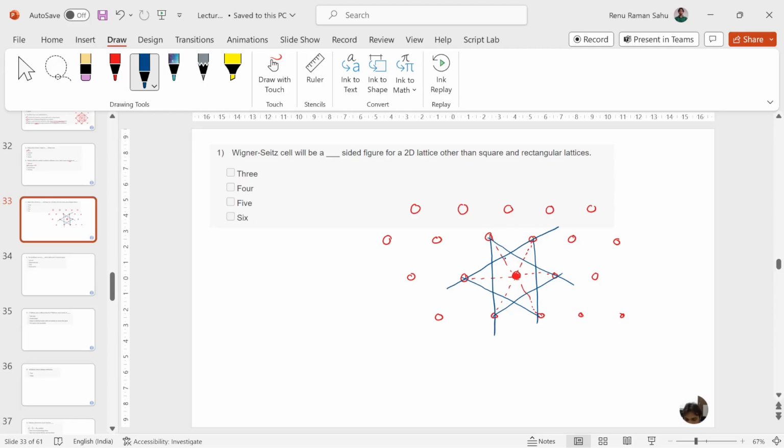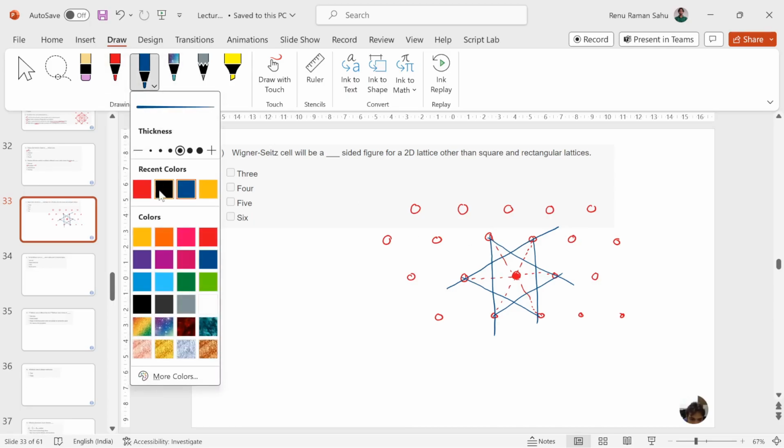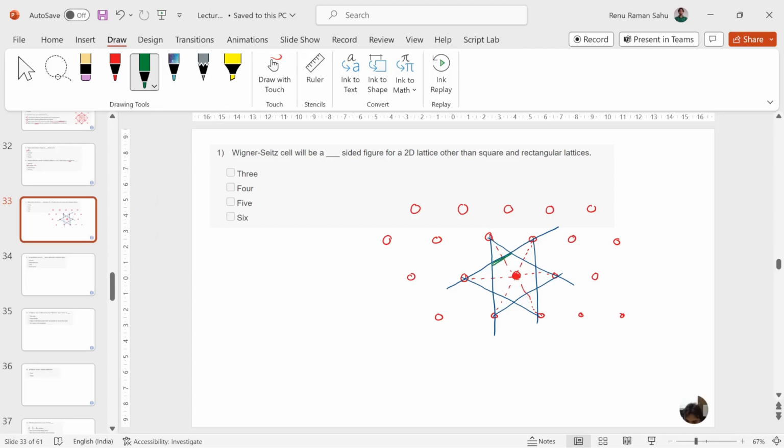Now I think we are almost done with all the perpendicular bisectors. The region that we got is this region, from here to here to here. So what we have here is a hexagon, with 6 sides. So the answer is 6.